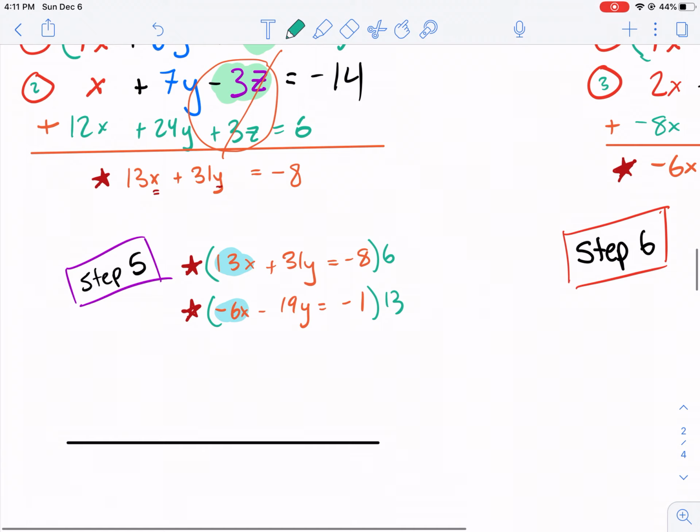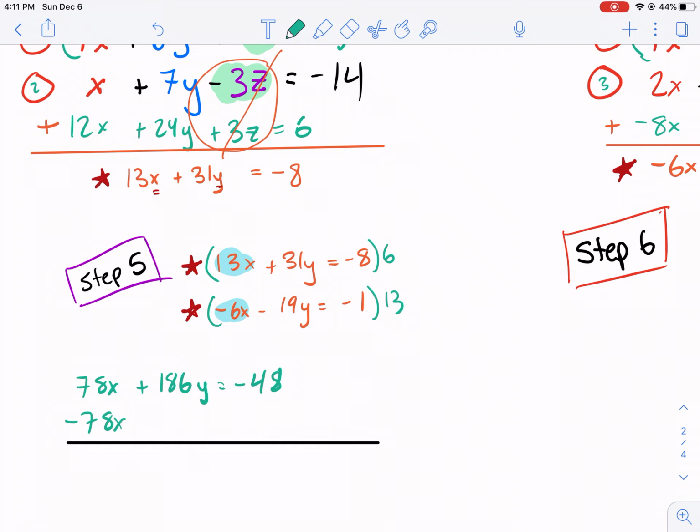I'm going to go ahead and write what happens after I multiply these equations. So I multiply 13 times 6, I get 78x. Then I multiply 31 times 6, I get positive 186y. Then I get negative 48. Okay, now I have 13 times a negative 6, so I have to get negative 78x.